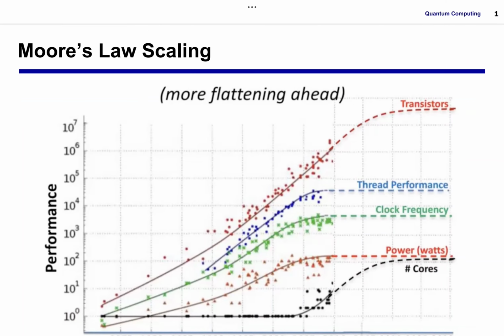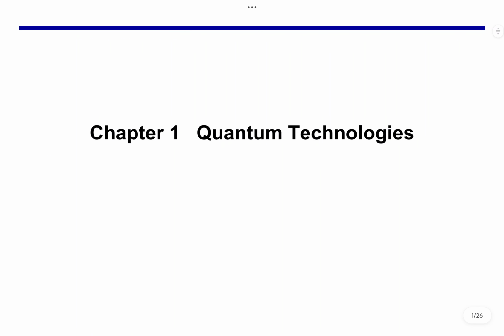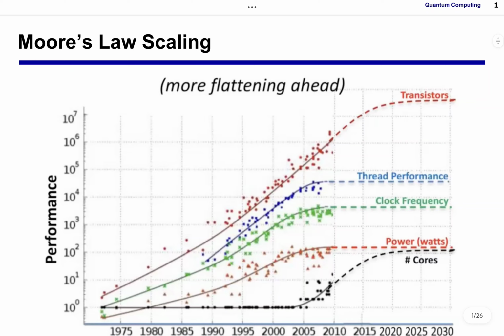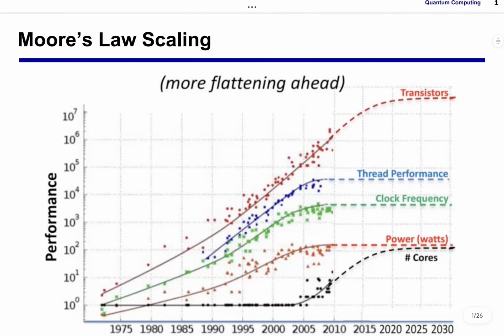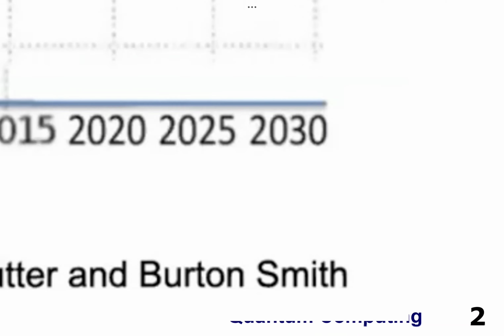So here we go. The first chapter is mainly about the background and the basic knowledge about this topic. There's Moore's law, which says that every 1.5 years, the efficiency of the chip will double.